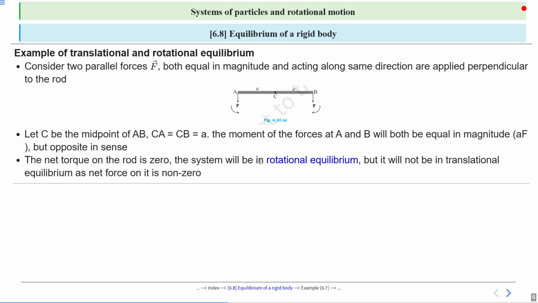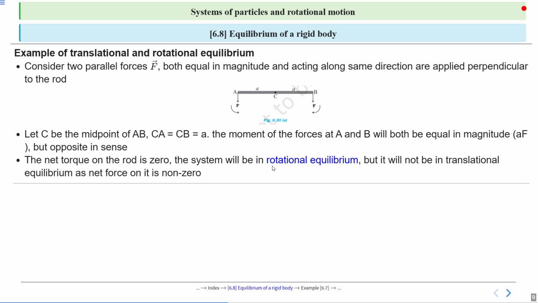Suppose the system is in rotational equilibrium. What is the meaning? It means the body cannot rotate. But it will not be in translational equilibrium.